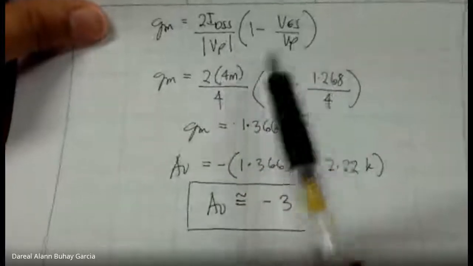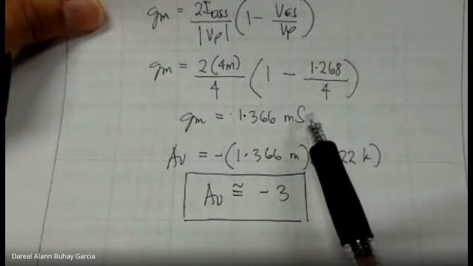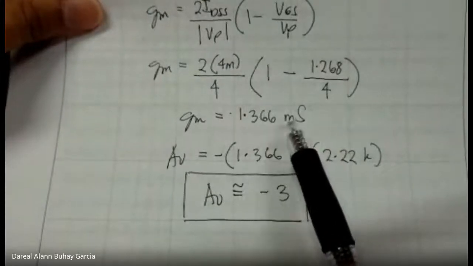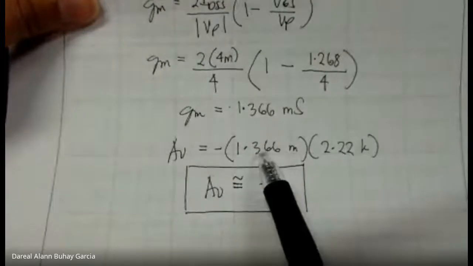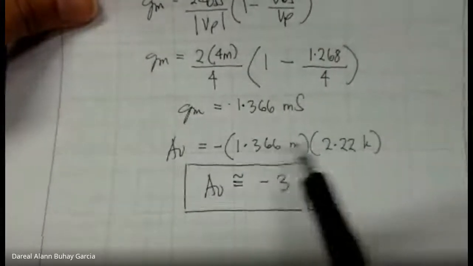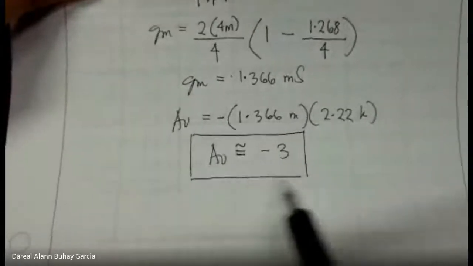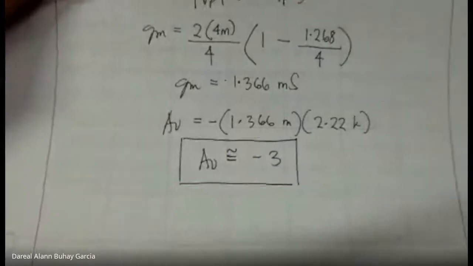Just plug in the values, and we get 1.366 millisiemens. Multiplying GM and output impedance, we get a voltage gain of 3. Okay?